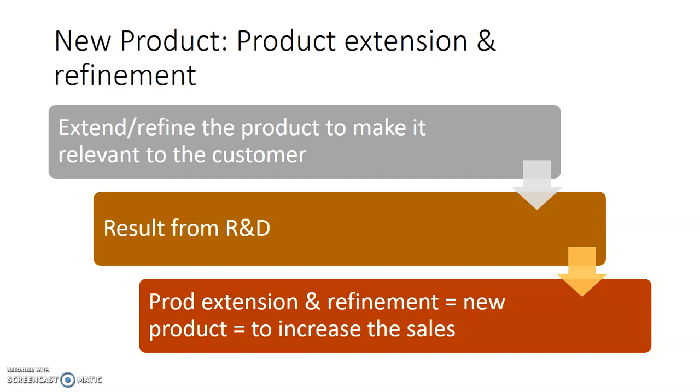If you don't change, you will die. The product will die. So when you extend or refine the product, it will become a new product again. Why do you need to do that? Because you would like to increase the sales of the product.